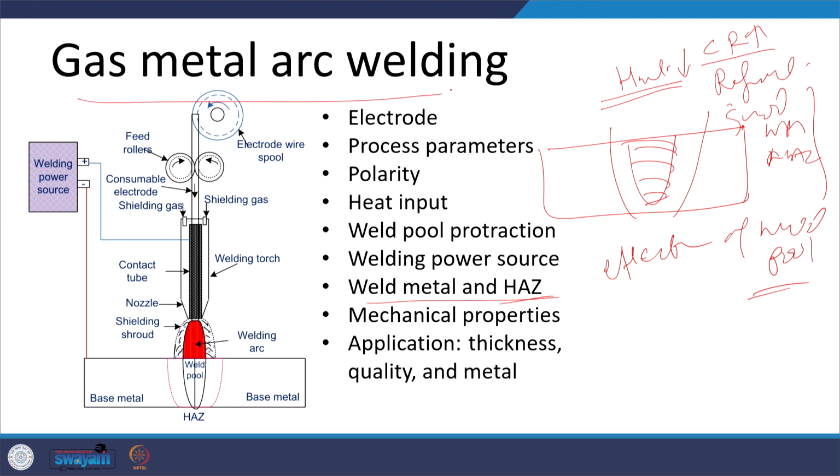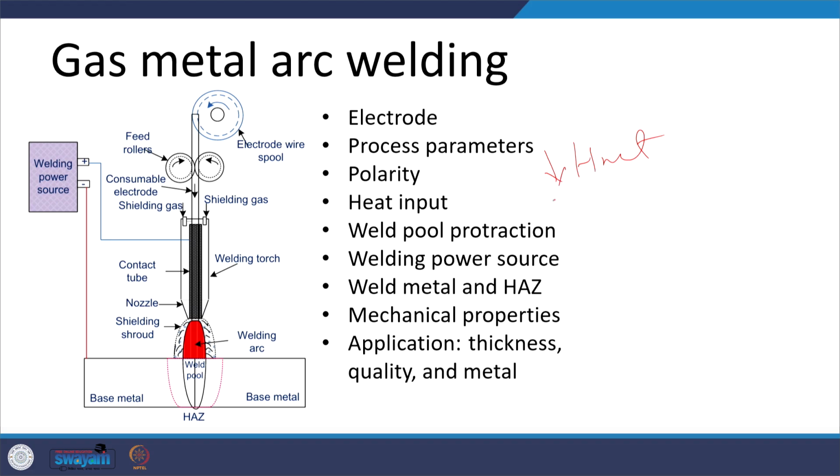So, there are two main factors, low H net and the good protection of the weld pool. This helps in producing very good quality weld joints for most of the commercial applications.